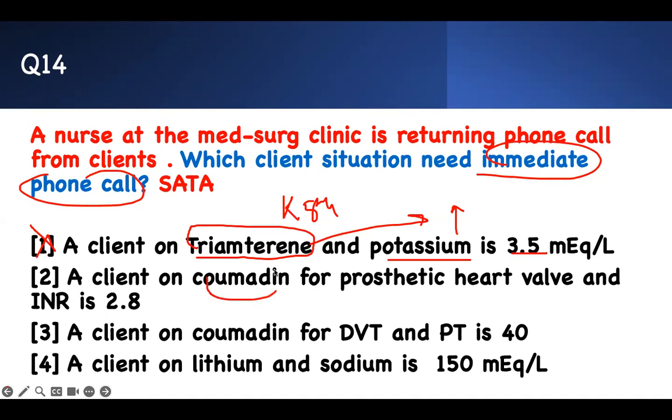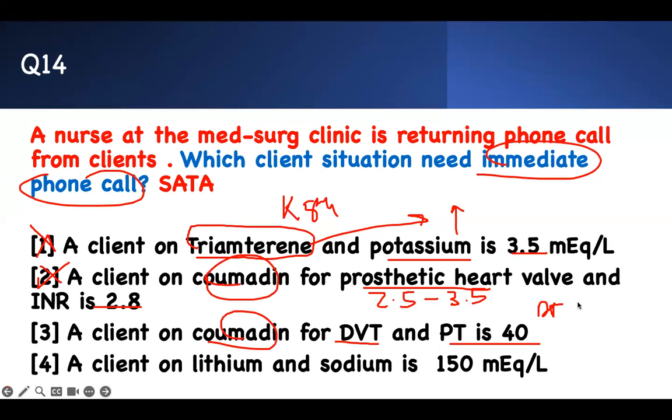A client on Coumadin for a prosthetic valve and INR is 2.8. When you're on a prosthetic valve, the INR range is 2.5 to 3.5. This is within the normal range. Don't worry about it. The client on Coumadin for DVT and his PT is 40 seconds.